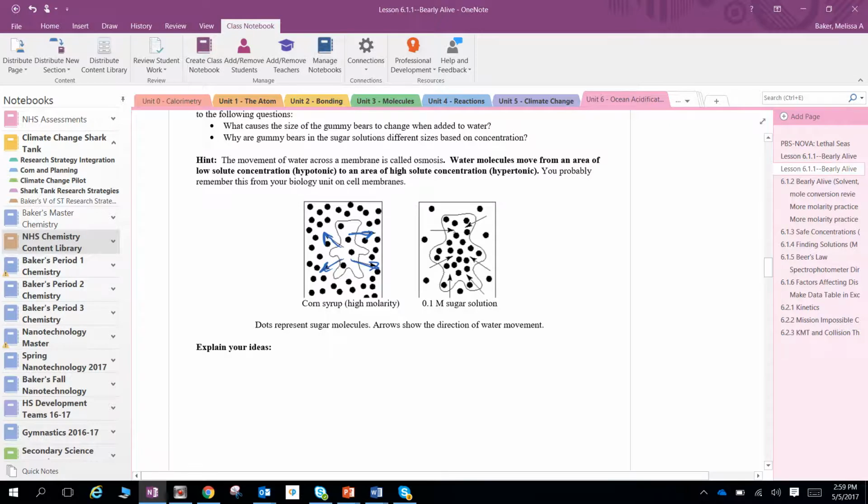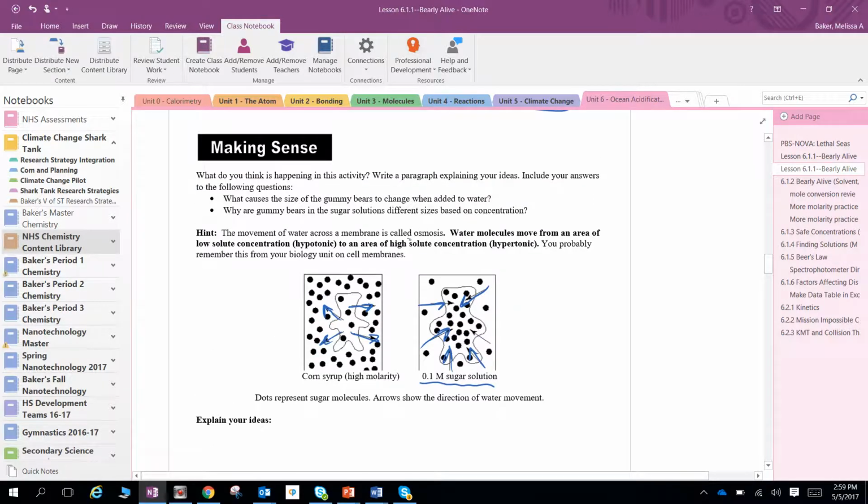On the other hand, when you have something that's highly densely packed with sugar, for example the 0.1 molar sugar solution, there was definitely more sugar concentrated in the bear, so water from the outside will rush in to try and distribute that sugar throughout the solution as a whole, and so the gummy bear will grow.